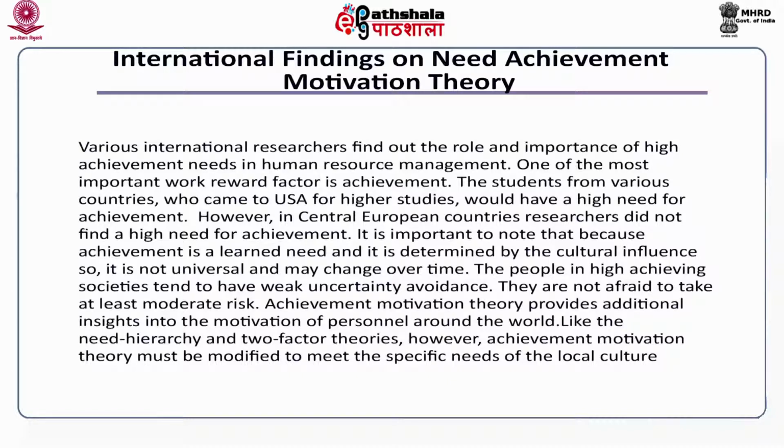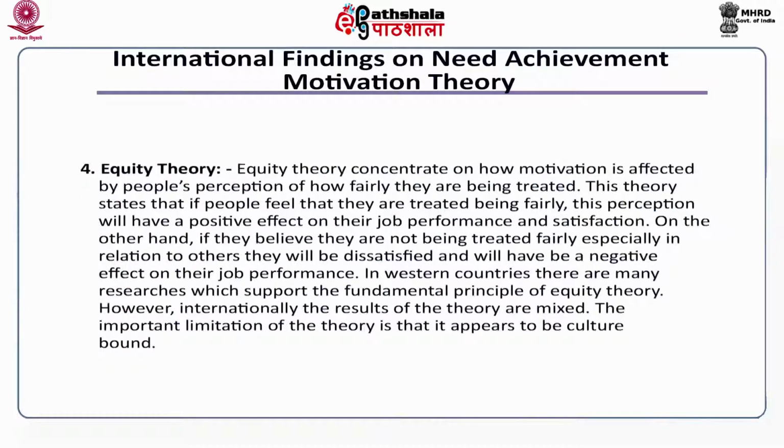Achievement motivation theory provides additional insights into the motivation of personnel around the world. Like the need hierarchy and two-factor theories, however, achievement motivation theory must be modified to meet the specific needs of the local culture. Next theory of motivation is the equity theory.